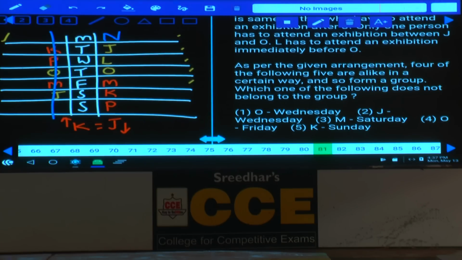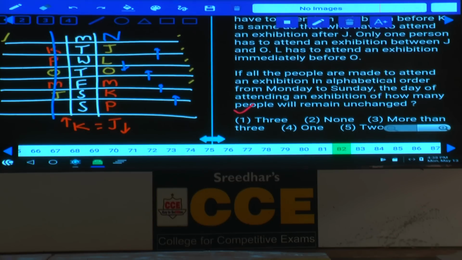Now J is immediately before Wednesday, M is immediately before Saturday, O is immediately before Friday, and K is immediately before Sunday, and O and Wednesday, O is immediately after Wednesday. Done? So what is your answer here? Except 1, the remaining follow the same pattern.